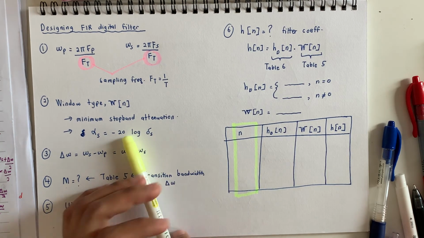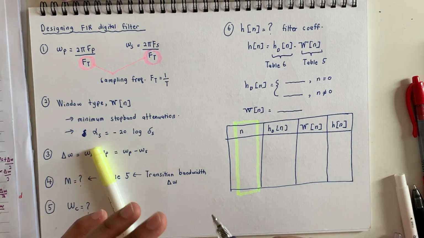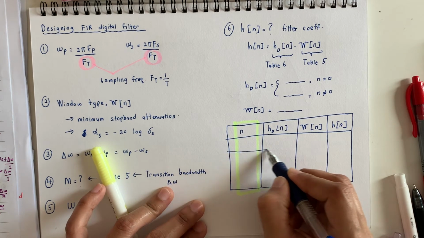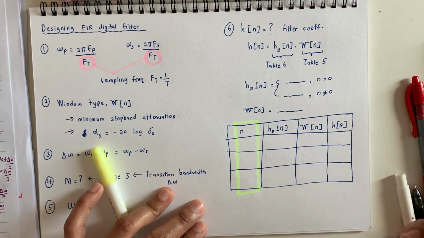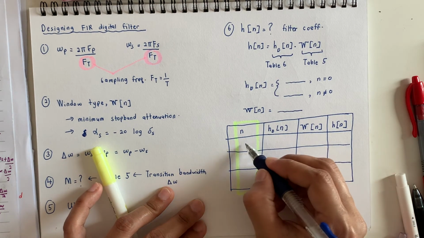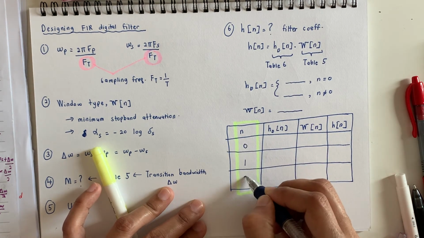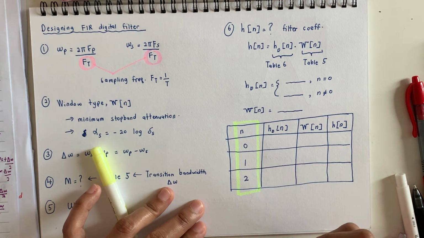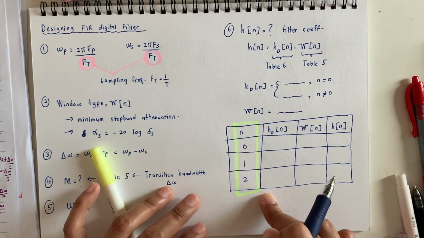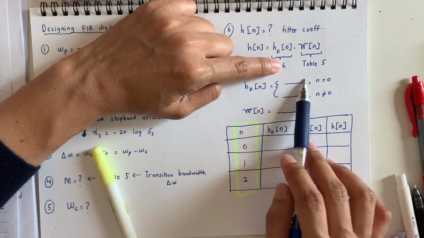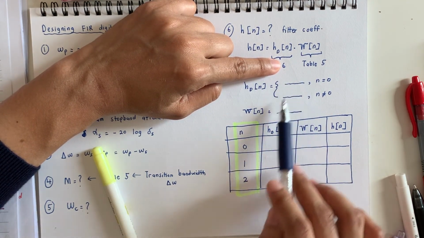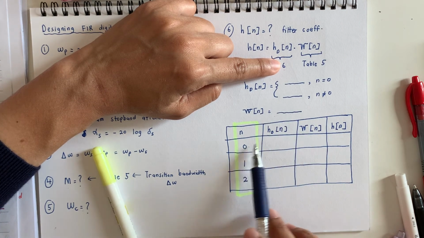If the question didn't state your n value, then you have to use the default values, so you can just use 0, 1 and 2. Next, you substitute n equal to 0 into the equation for n equal to 0.